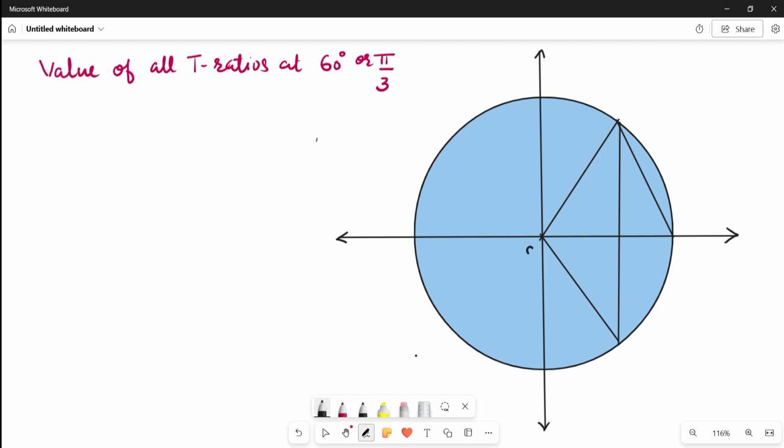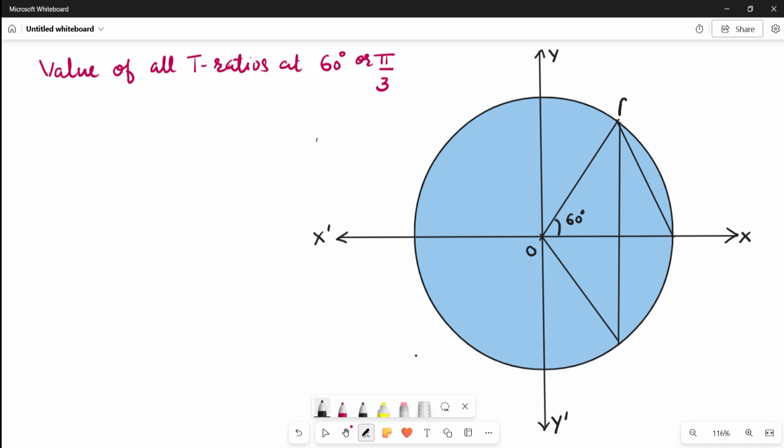this is the origin and this is the x axis, the y axis. So this angle is of 60 degree and opposite to this is perpendicular.